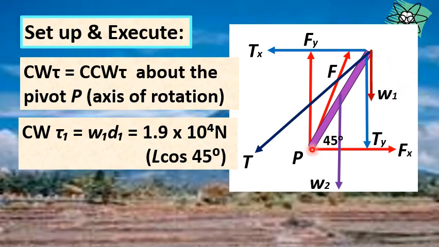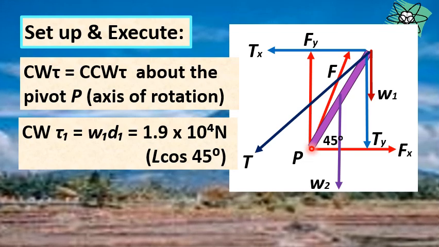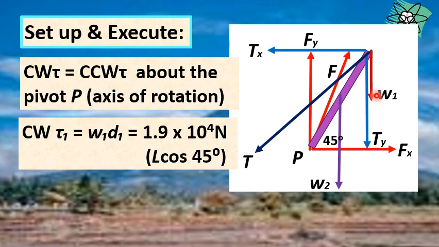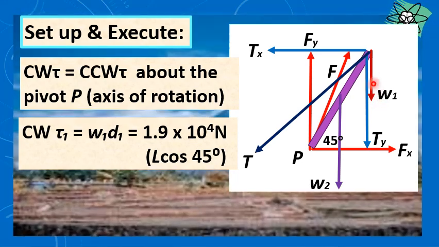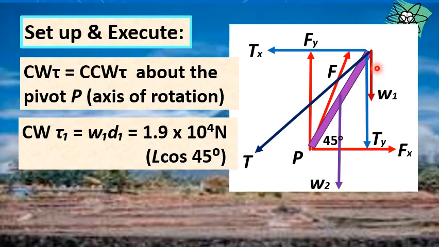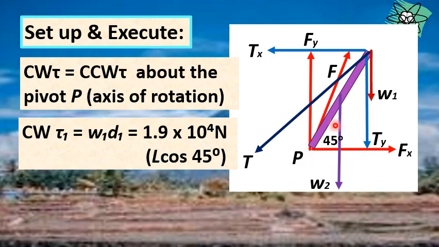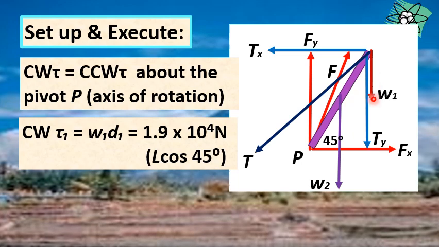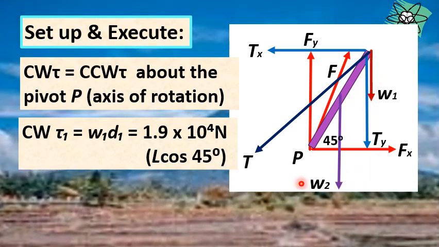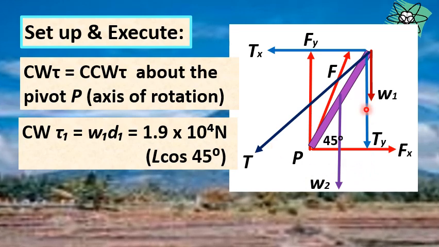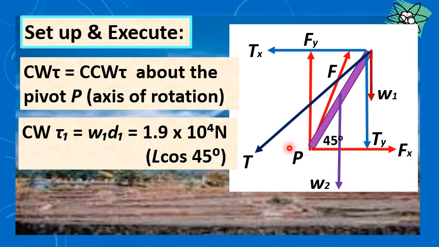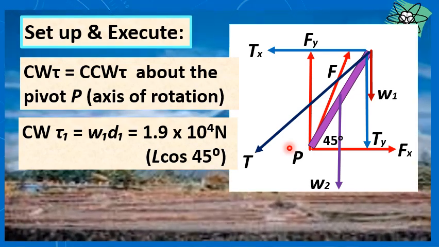With respect to the chosen axis of rotation, the tendency for this weight W1 is to make the strut rotate clockwise. If this is the axis, the force W1 has the tendency to make the strut rotate clockwise about this point P.